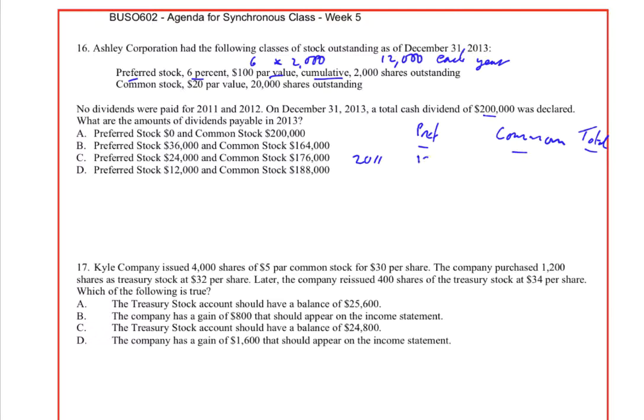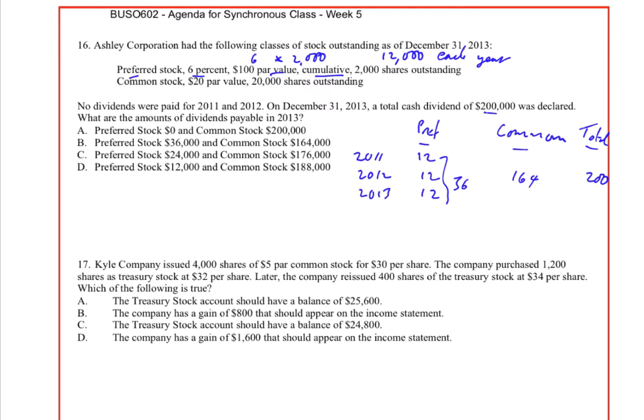So there's 12,000 payable for 2011, another 12,000 for 2012, and another 12,000 for 2013. It's only after the preferred shareholders have had their 36,000 that anything is paid to the common stockholders. So it must be 164,000 left over for the common stockholders. So the preferreds get 36, commons get 164, which looks like answer B.